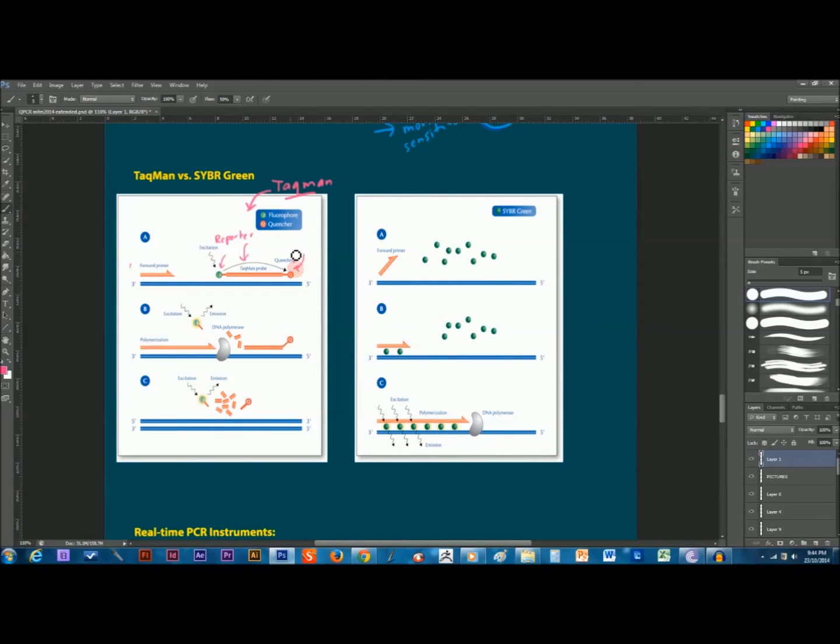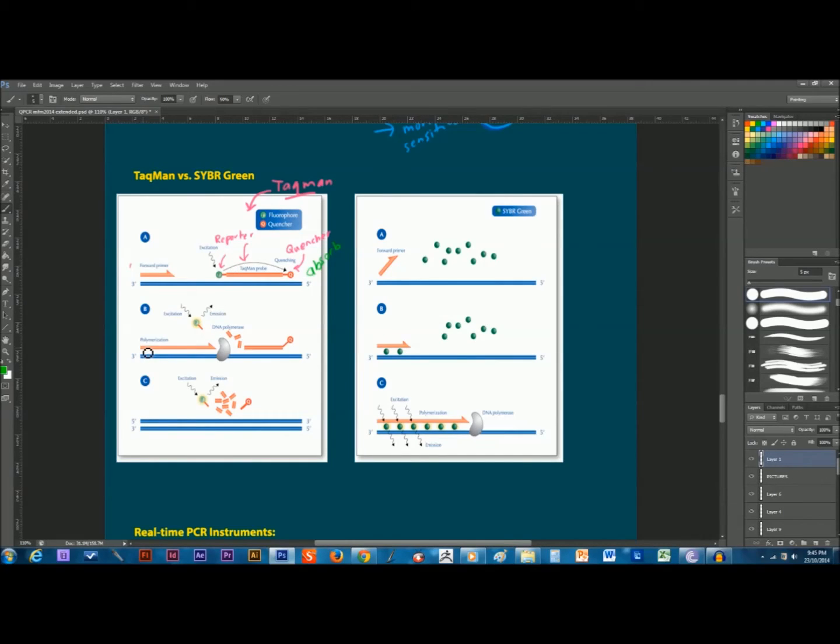And another one is the quencher. If these two dyes are attached together, the fluorescence signal is very low because the reporter has fluorescence energy, but the quencher will absorb the energy. So the reporter needs to be released in order to give a signal so that the PCR instrument can detect it.